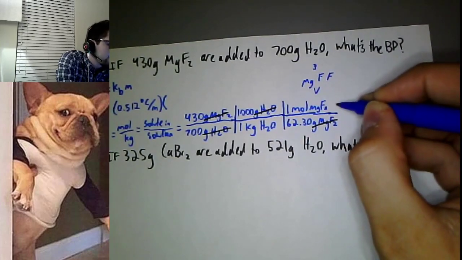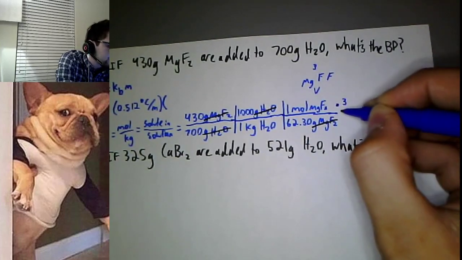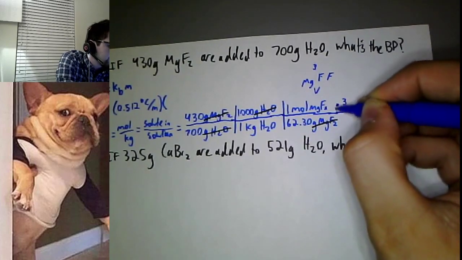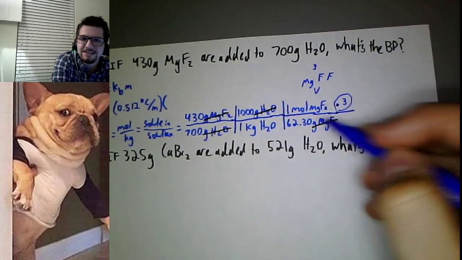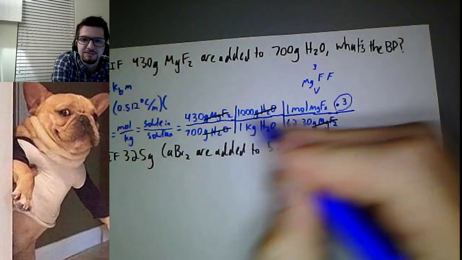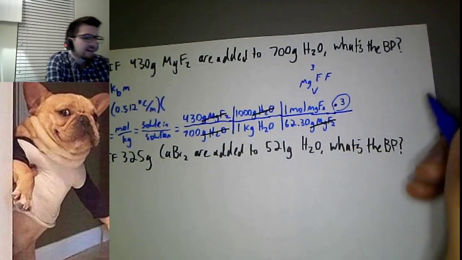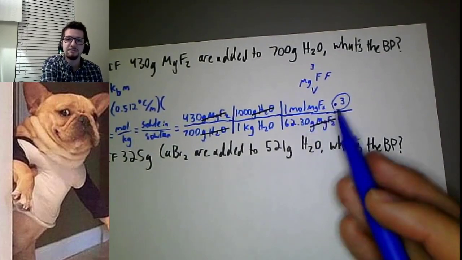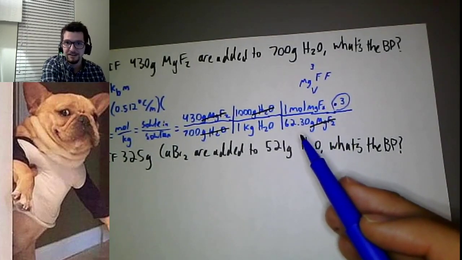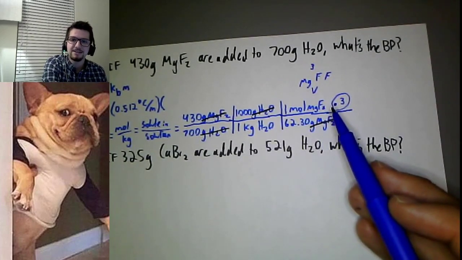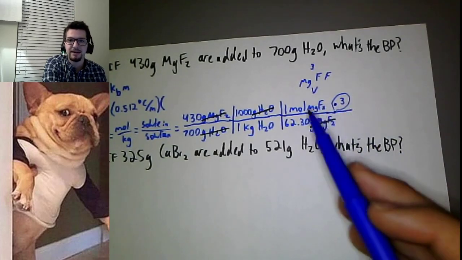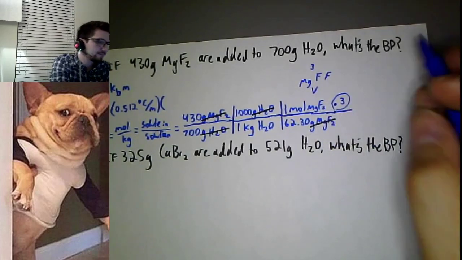So I'm going to multiply this by 3 up here too. I think it'll be easier to do while you're already multiplying, so you don't have anything to confuse you. So for ionic problems, when you get to moles per kilogram in the molality, you multiply by the number of pieces you have.